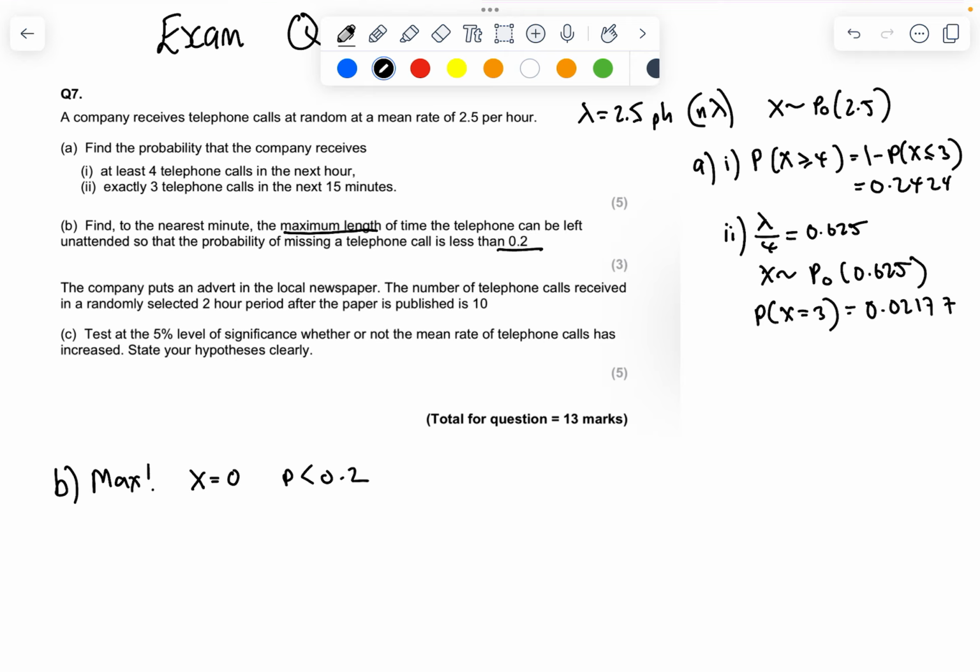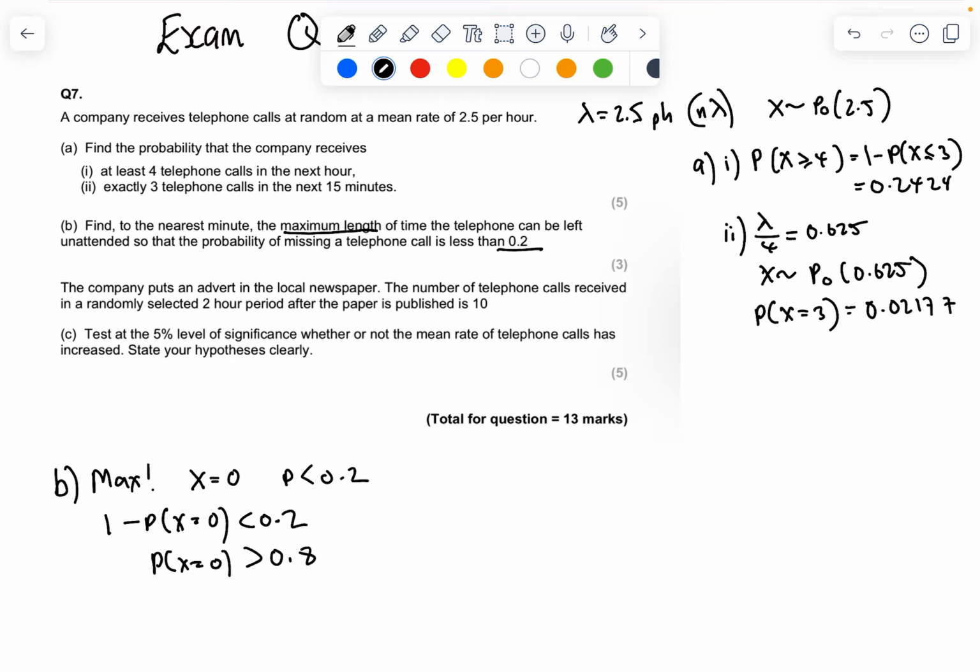Right, so we're going to take the probability of all the calls, we're going to subtract the probability that there are no calls. Oh, sorry. And that has to be less than 0.2. Therefore, the probability that X equals 0, there are no calls, has to be greater than 0.8.